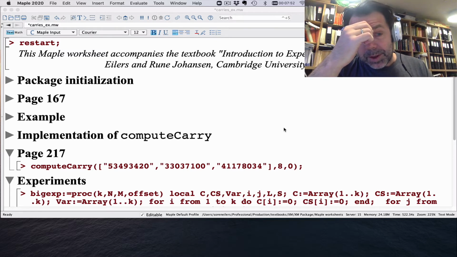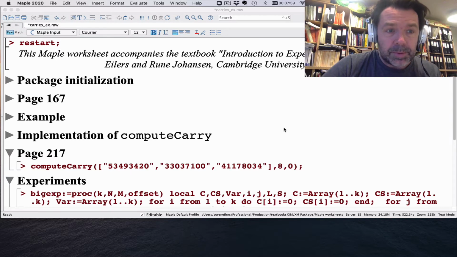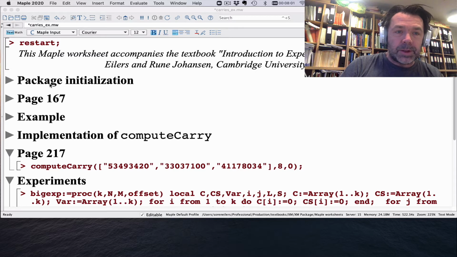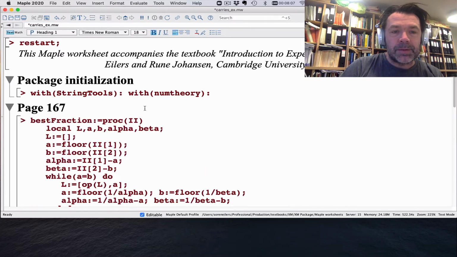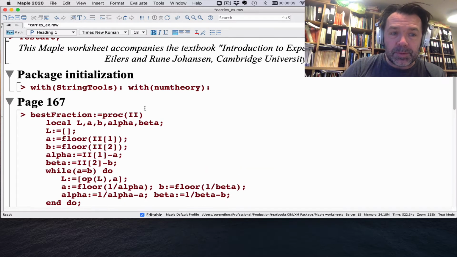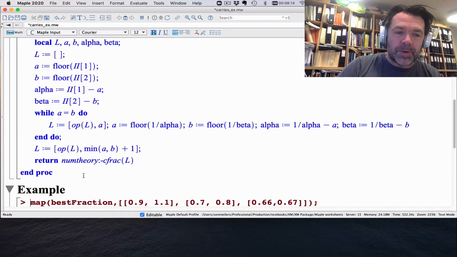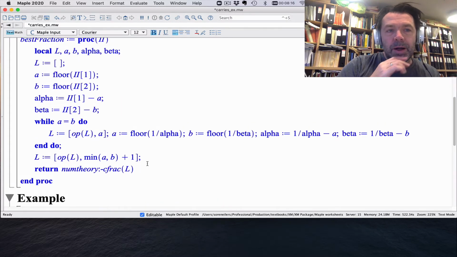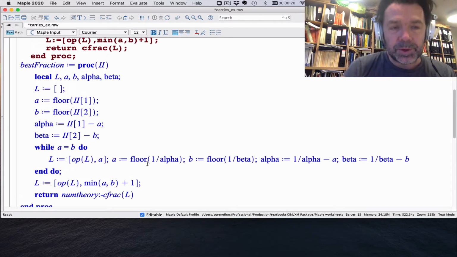So let me show you an example of the use of pseudorandomness in a mathematical experiment. This has to do with counting carries in various sums, but I'm going to use a tool which comes from another part of the book, namely the inversion part, in which we talked quickly about it.